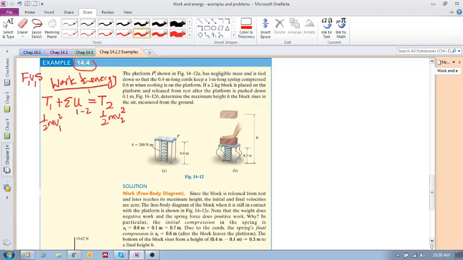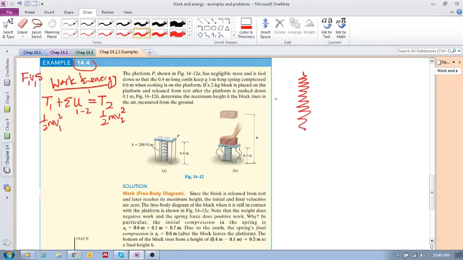It says we have a platform P. It has negligible mass and is tied down so that the 0.4 meter long cord, okay, these cords here are 0.4 meters, and it keeps a spring that is 1 meter long. Okay, so let's draw an imaginary spring here.